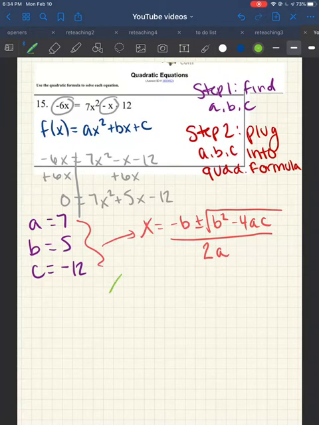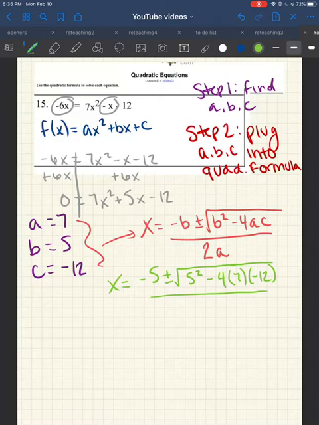So we have x equals negative 5 plus or minus the square root of 5 squared minus 4 times 7 times negative 12, all divided by 2 times 7.